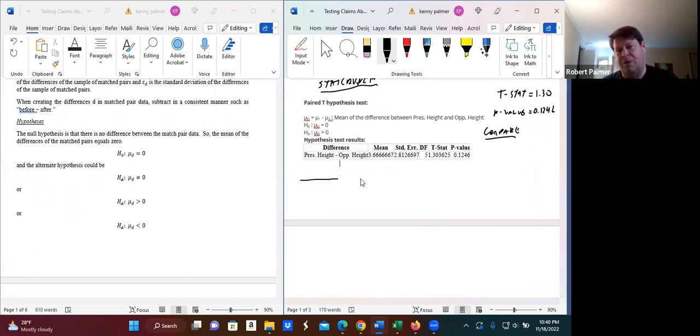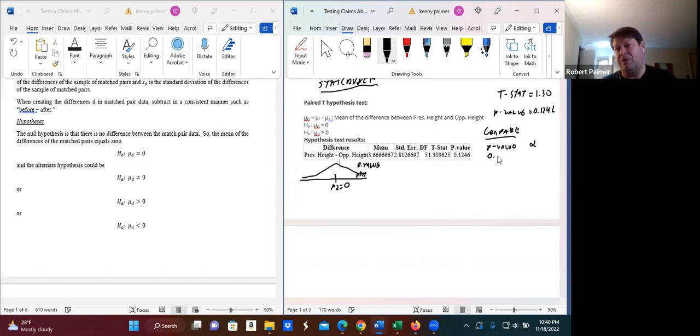Actually, let me do a really small graph of what's going on. Here would be our normal distribution, here is the mean of those differences being 0, and we're saying it's greater than. So over here is our p-value, and the question is, is that smaller than alpha? So compare the alpha and the p-value.